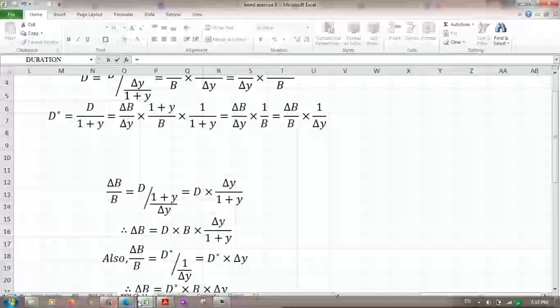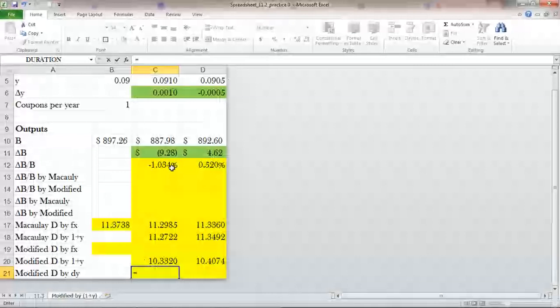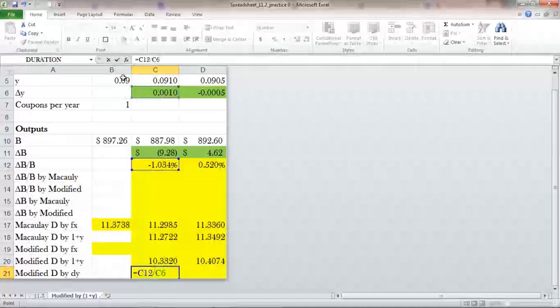So change in b over b, which is a percentage change in bond price, and divided by change in yield. There you go. I'll need to put negative.